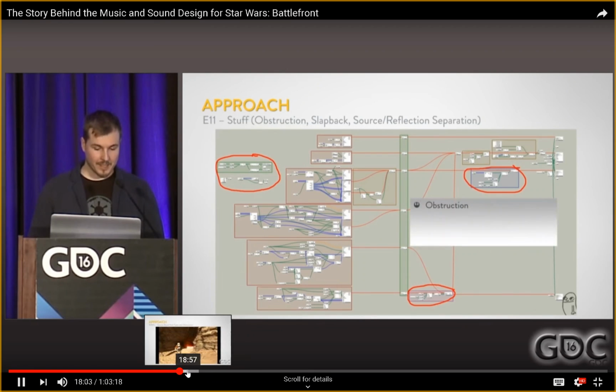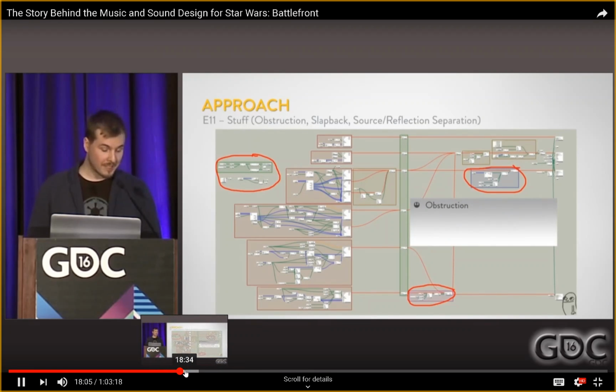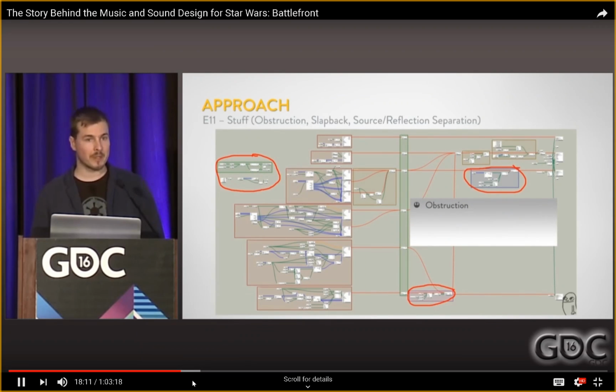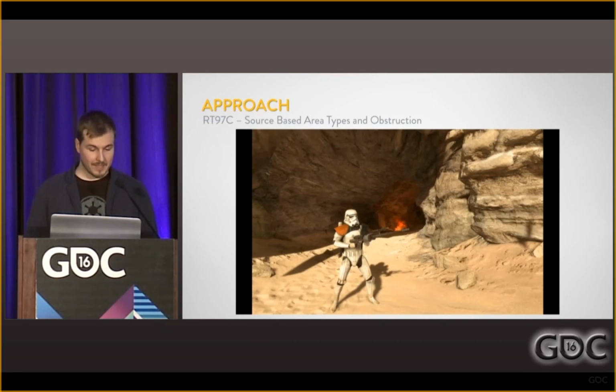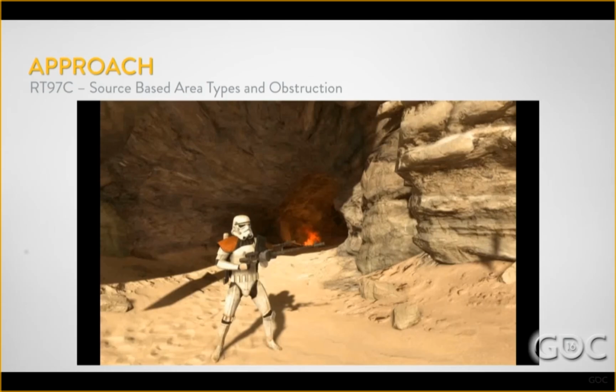So we help out our obstruction system in combination with where the sound is, the stormtrooper in the cave system, the reflection content in the throne environment. It shows you how the content changes again for the different environments and how the obstruction works when someone moves from outside to inside.